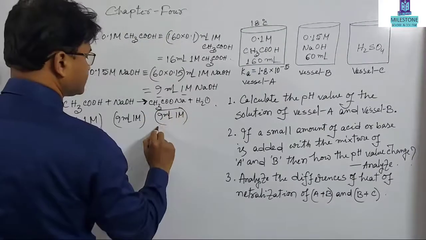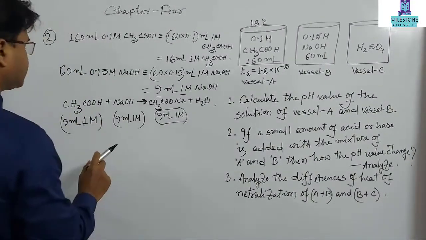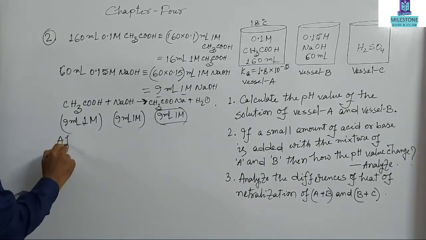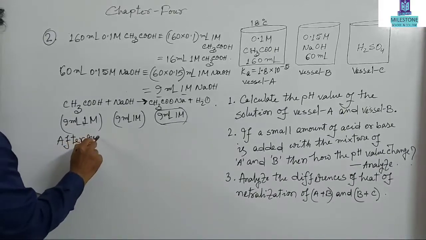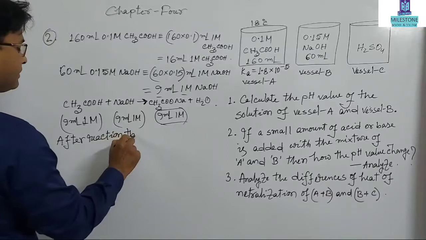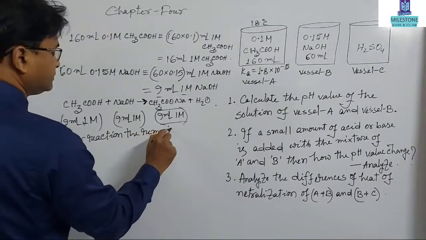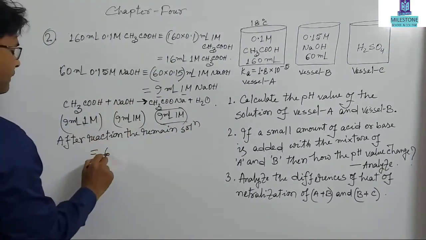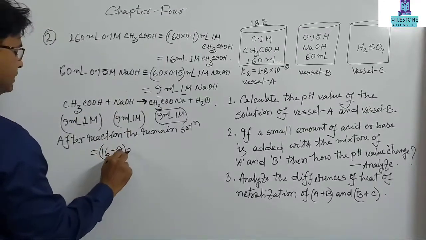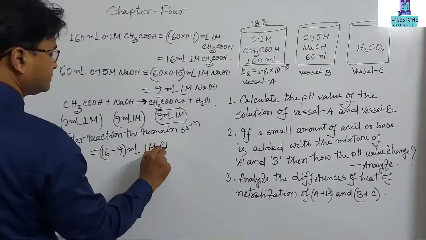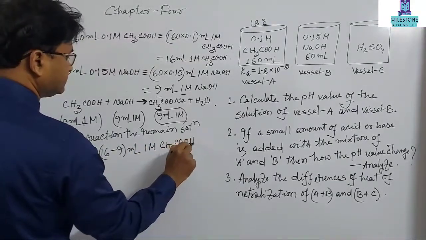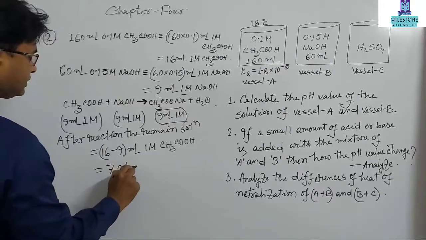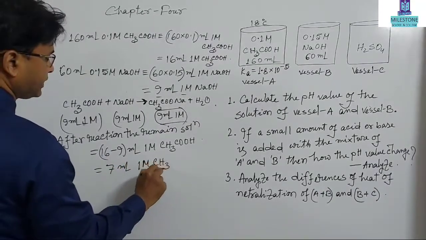So after the reaction, the remaining ethanoic acid or acetic acid solution is equal to 16 minus 9 ml 1 molar acetic acid, which is equal to 7 ml 1 molar acetic acid.